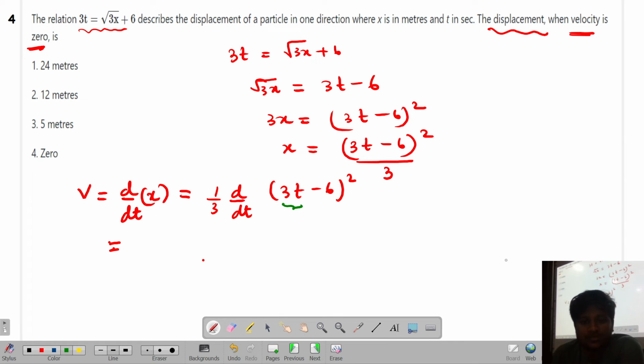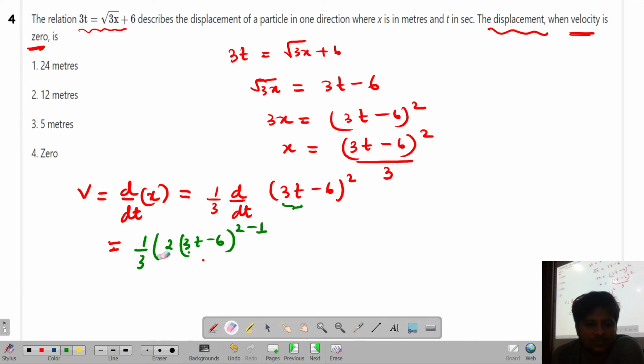Now it is going to change. A little bit there will be a change in the equation. Again, 1 by 3 first, this is again t to the power of n, so it will be 2 times (3t minus 6) to the power of 2 minus 1. But as there is a constant term multiplied with the variable, you need to apply differentiation again.